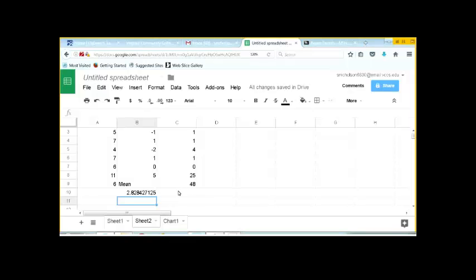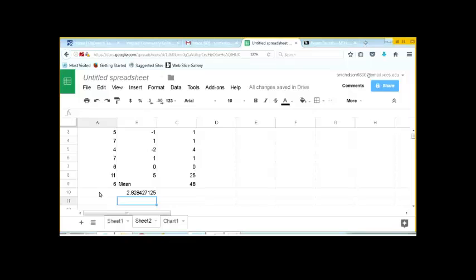So it's all the same thing. It's just doing it in a spreadsheet. And you can see that the only thing that would be different in doing this calculation for 7 data points and for 200 data points is you would just have to copy the formula down further. But otherwise, there's not that much more work to do. Whereas if you had to do it by hand, it would be a lot more.